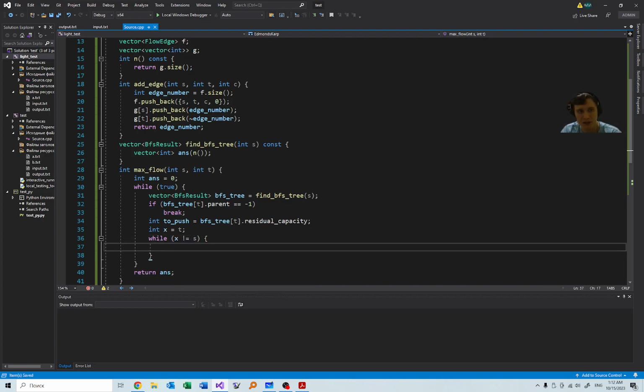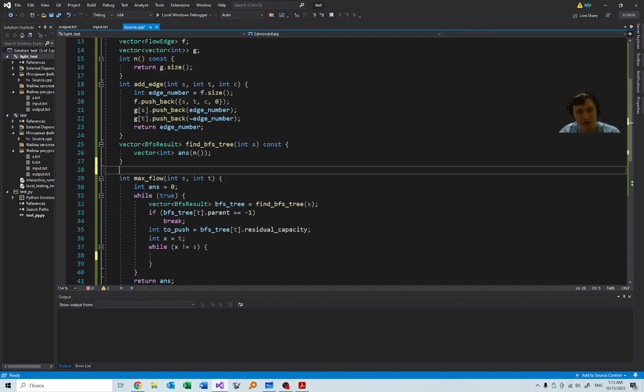We take, let's make a function which pushes some flow through an edge.